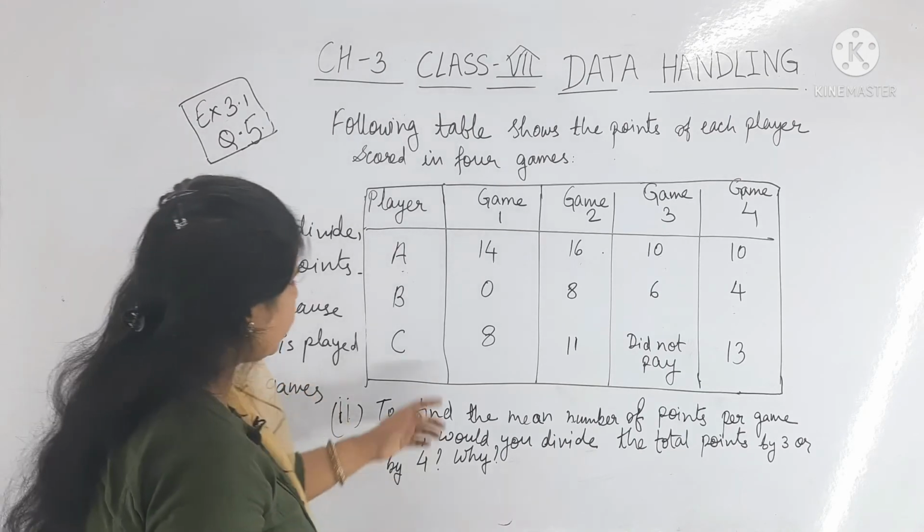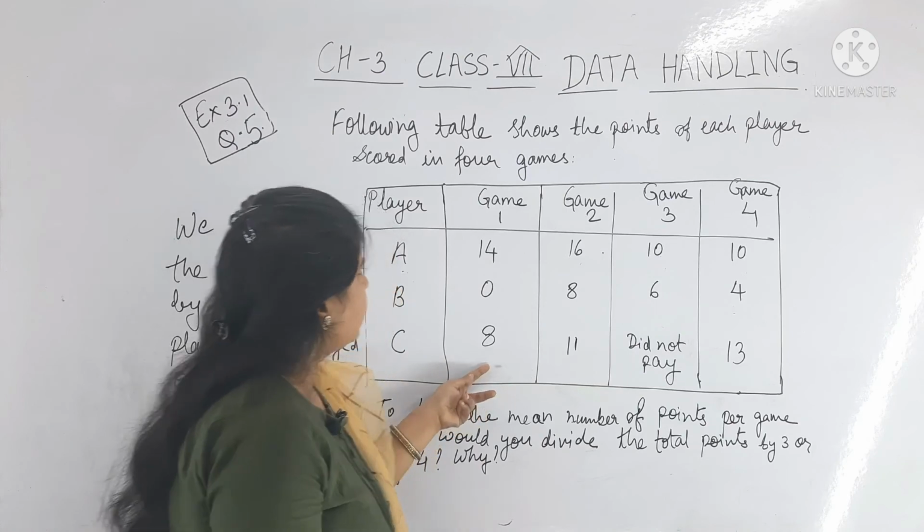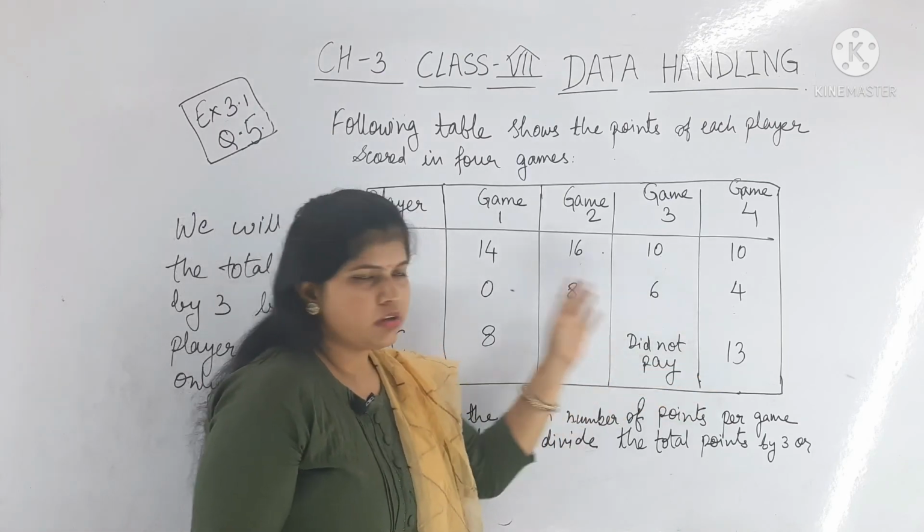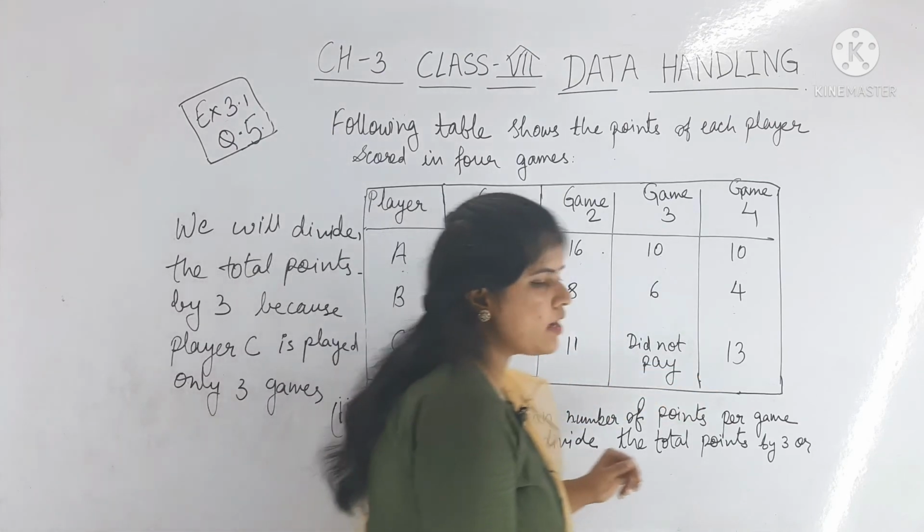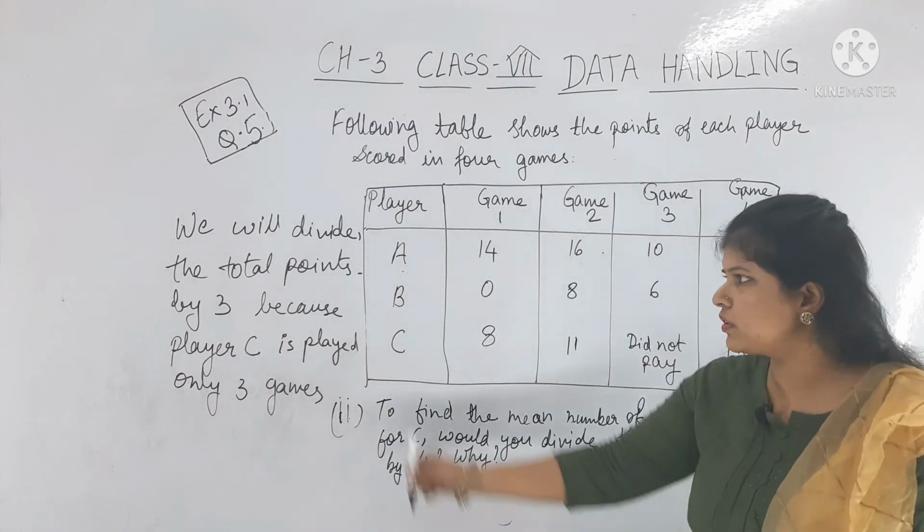Okay, you can see that in the chart. It is game 1, game 2 and game 4 that were played by player C. So this is your answer.